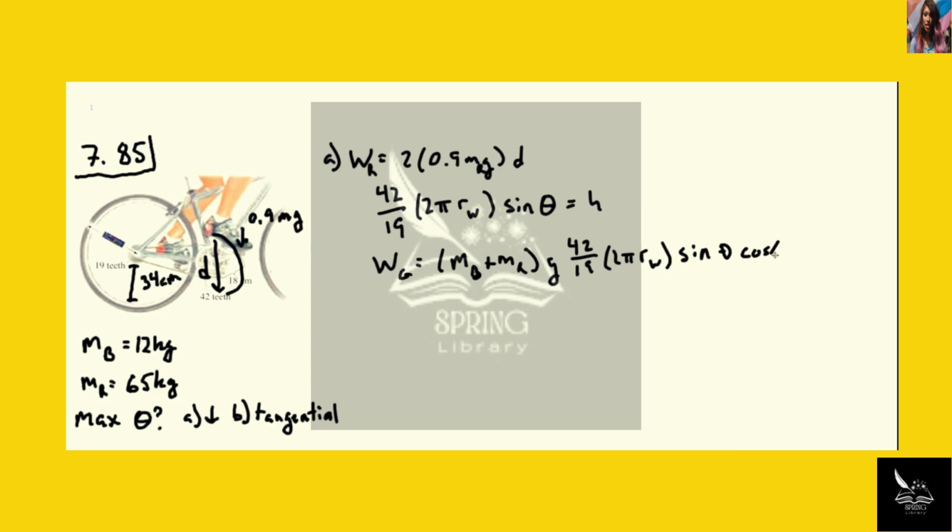And with a cosine of 180 degrees, because the displacement is up and the force of gravity is directed downward, so we'll have a negative sign here.